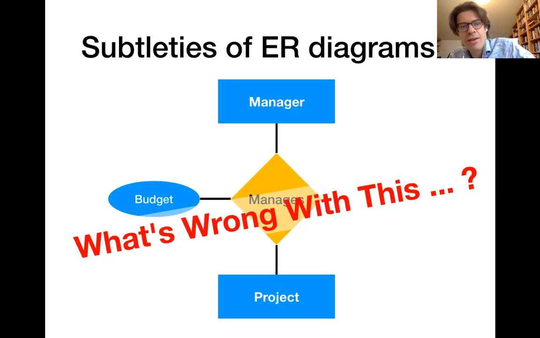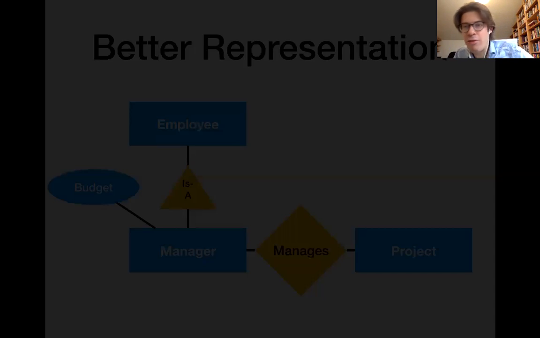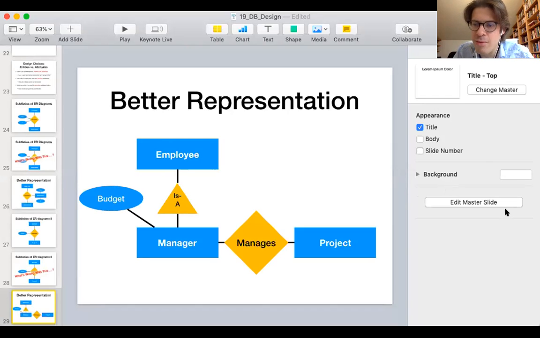Those attributes of the relationships are essentially stored for each combination of the entities that are involved in the relationship. And if the budget only depends on the manager, but not on the project, then this representation is redundant. A better way to store that would be, for instance, this one over here.